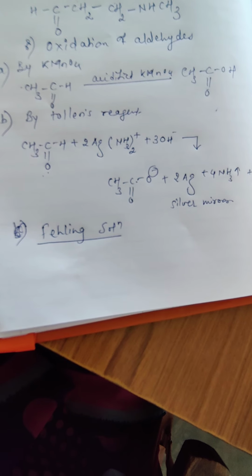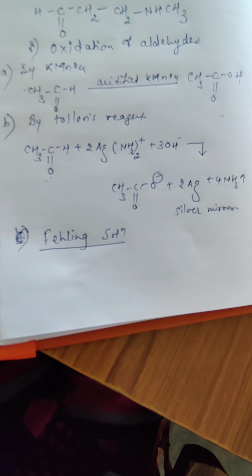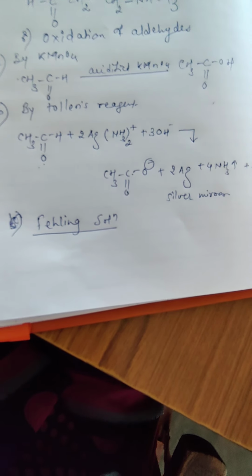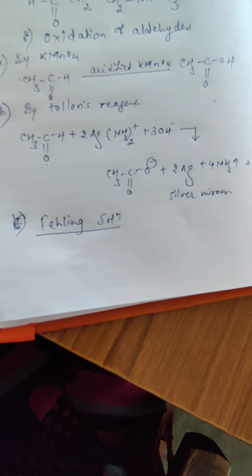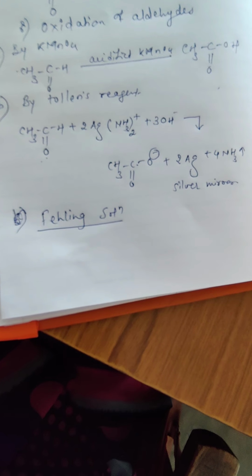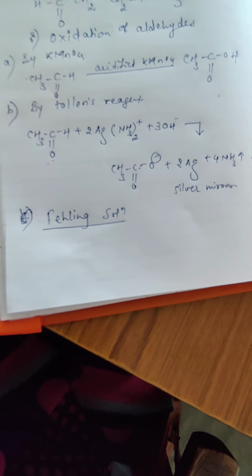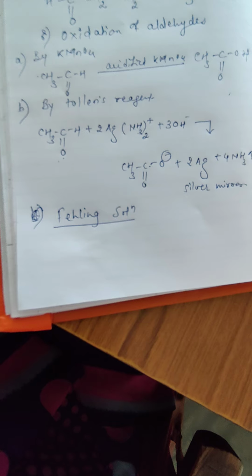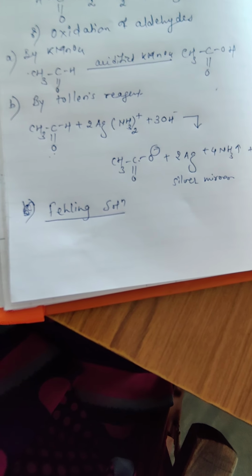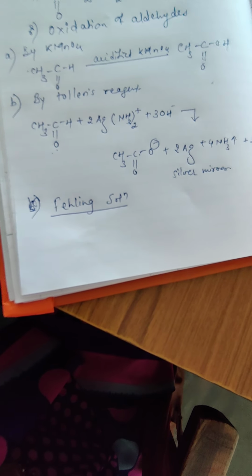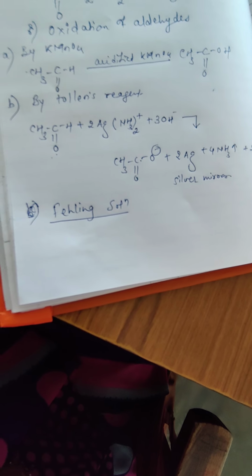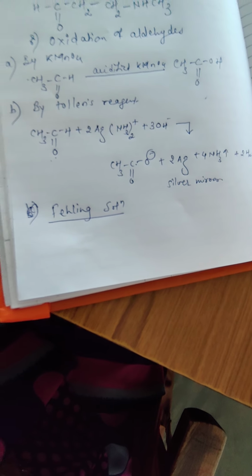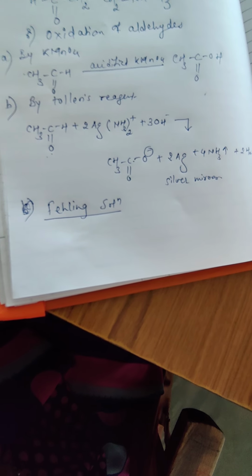It is an alkaline copper sulfate solution, a blue colored solution, and Fehling B solution is a solution of sodium potassium tartrate, which we make in NaOH solution. Okay, so these are solutions A and B. Generally we mix both solutions and keep them on a shelf so that you can use them directly. We mix equimolar or equivalent quantities of Fehling A solution and Fehling B solution, and the mixture is a deep blue colored solution.